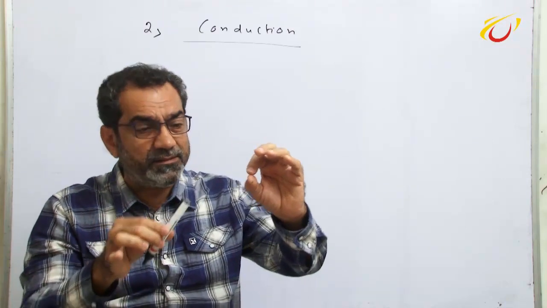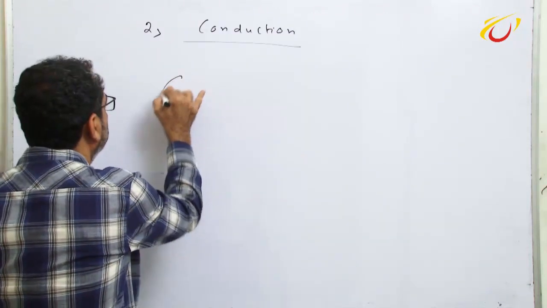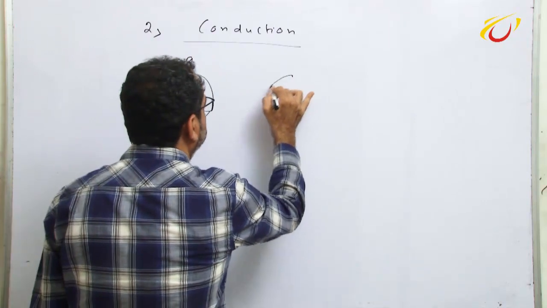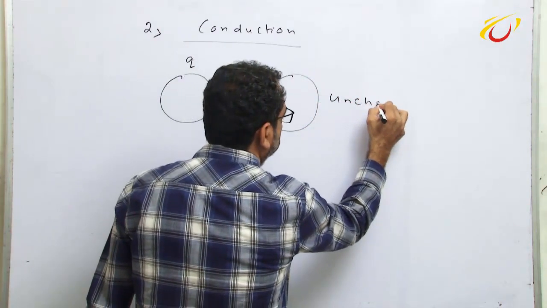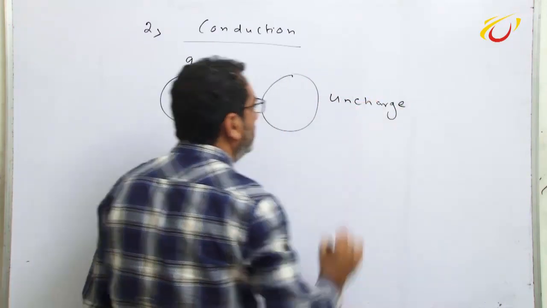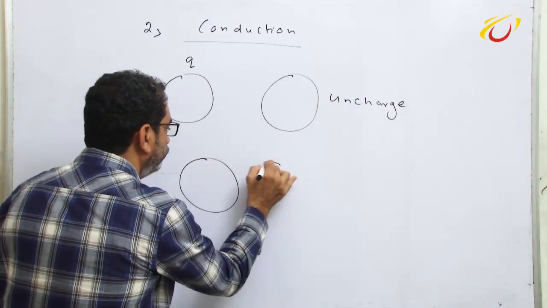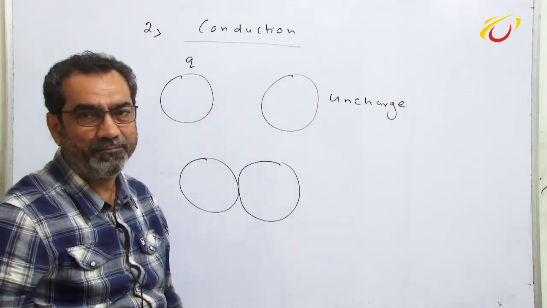Due to conduction, you have to touch the bodies. Suppose this is a charged body Q. This is an uncharged body of the same size. Suppose the sizes are the same.